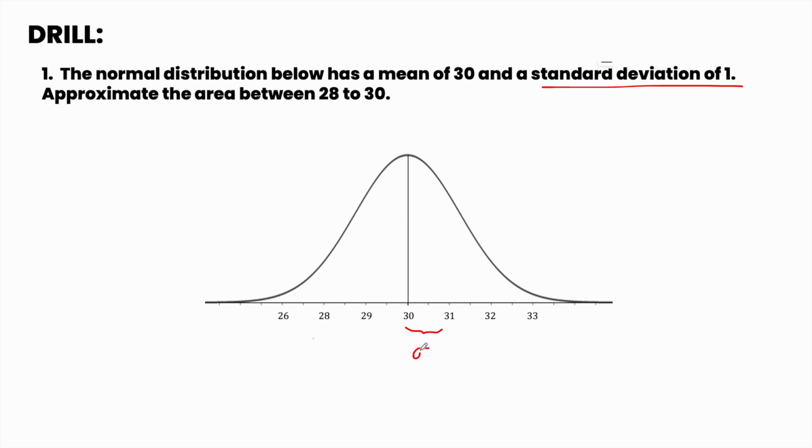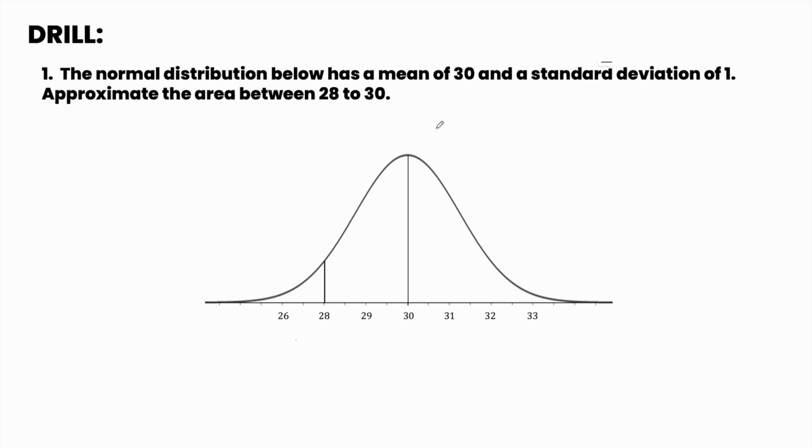So that is 1 sigma. Over here, 30 to 32, we have another sigma. So the distance from 30 to 32 is 2 sigma. And lastly, we have another sigma from 32 to 33. And we have 3 sigmas in total. So that means this is 3 sigma.